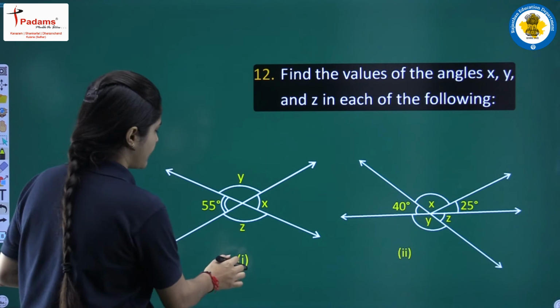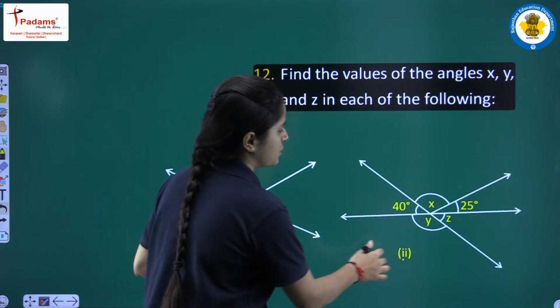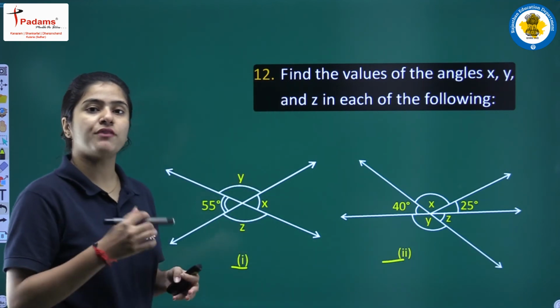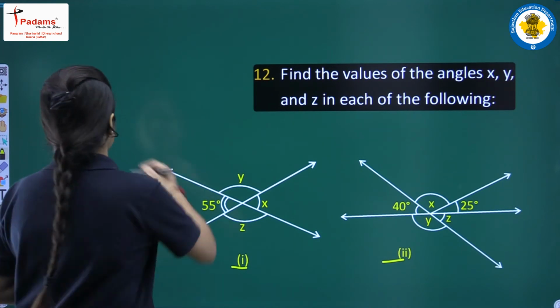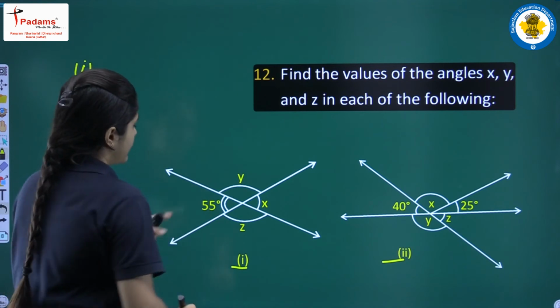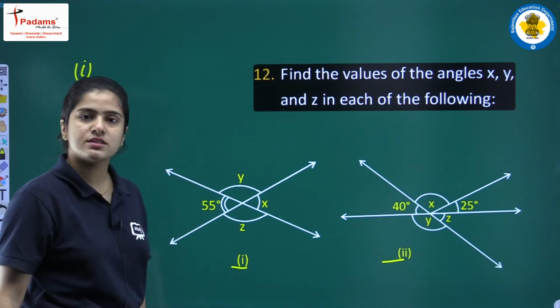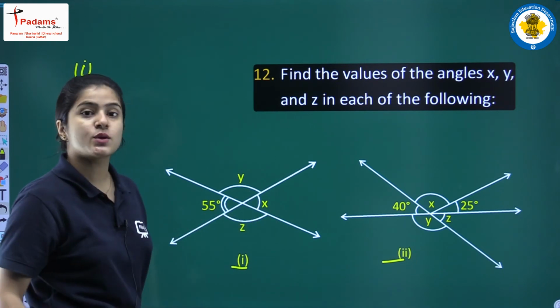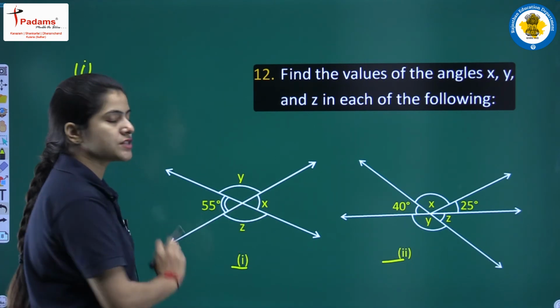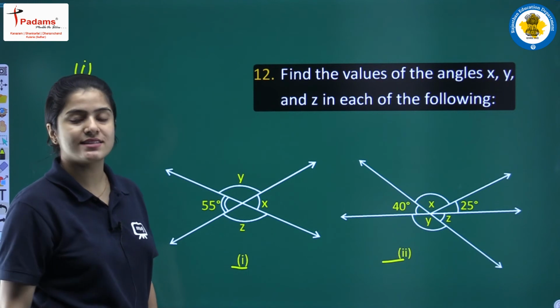So, this is figure 1 and this is figure 2. You have to find out the values of x, y and z. So, we will be starting with x. In the first part, this is 55 degrees, students. Clearly, this line and this line are intersecting. So, it means that angle x and 55 degrees are vertically opposite angles, right?